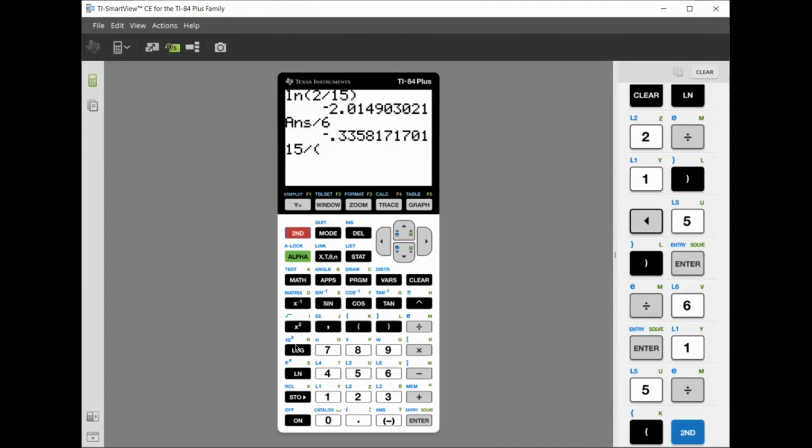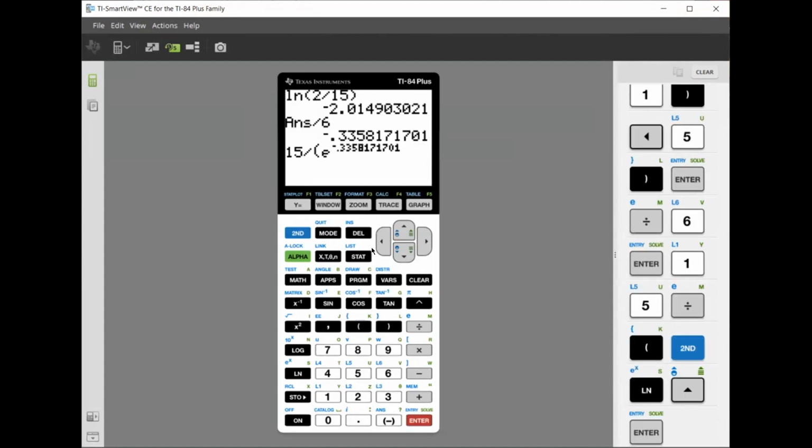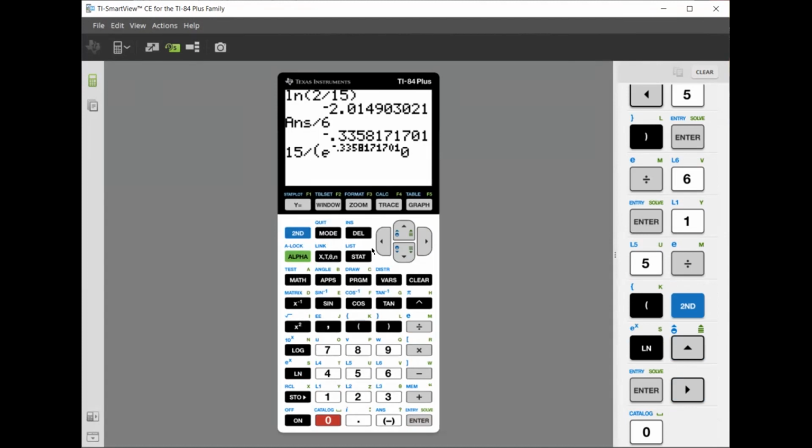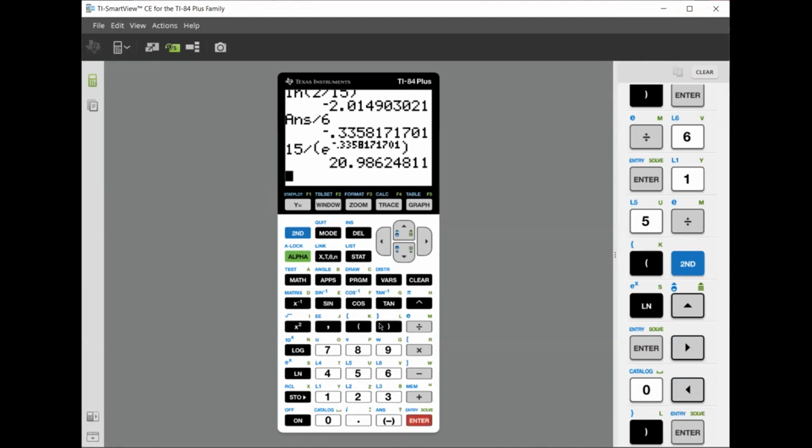So second natural log, and then I can just use the answer here. And then it's just the parenthesis from there, you see? And that gives me 20.9862. Okay, so what they're going to do is round this to 21 on your screen.